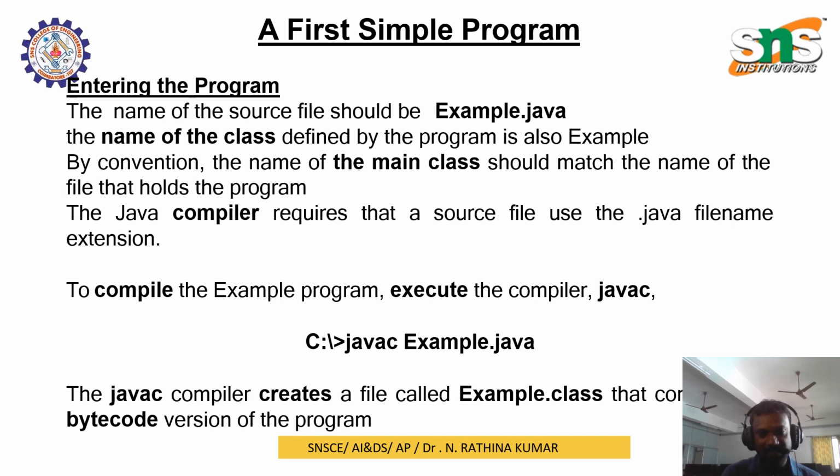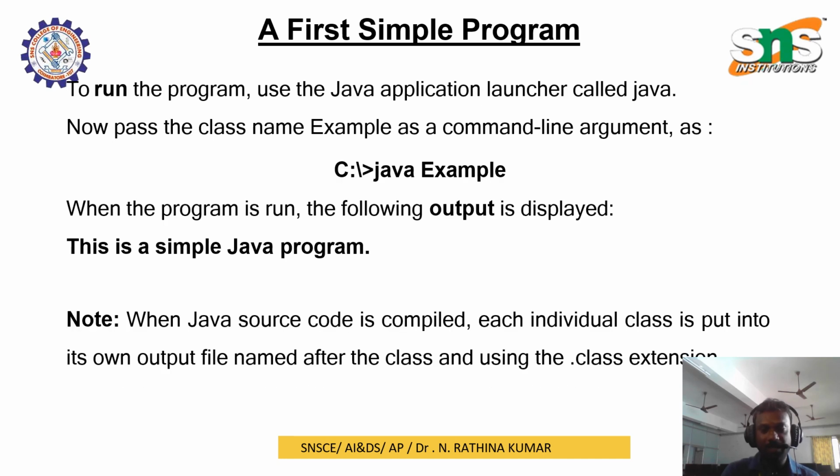Here the file name is example, so javac example.java. After it is successfully compiled, now we have to run the program. To run the program, we simply give java space file name. Java is a keyword, example is the file name. After you run this program, we can get the output.